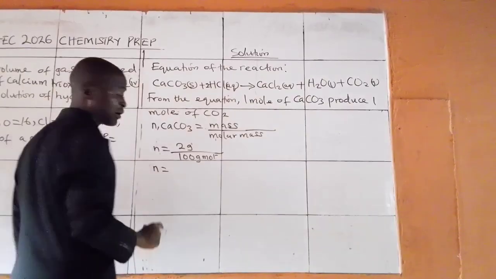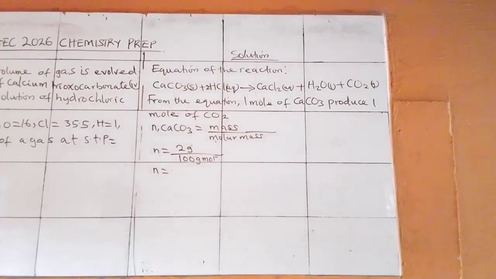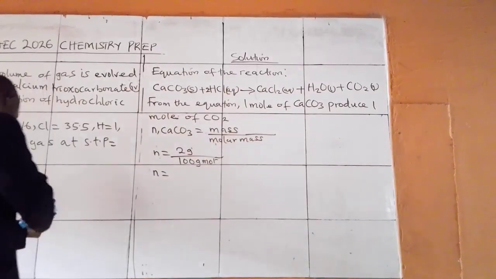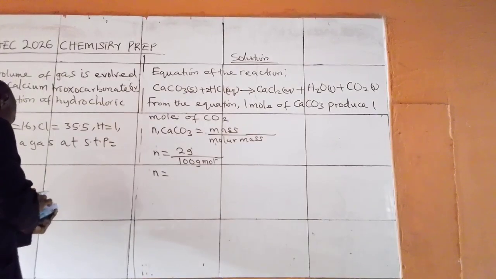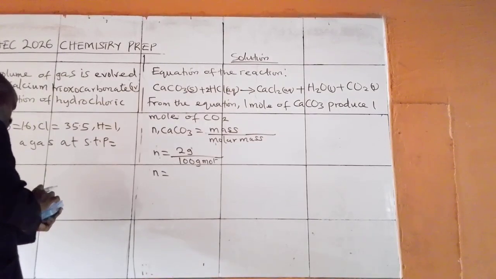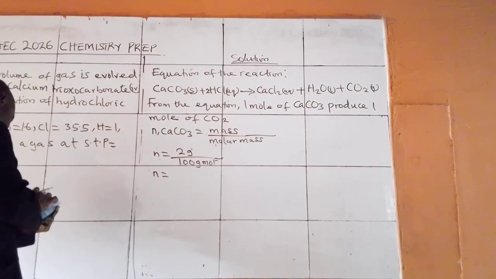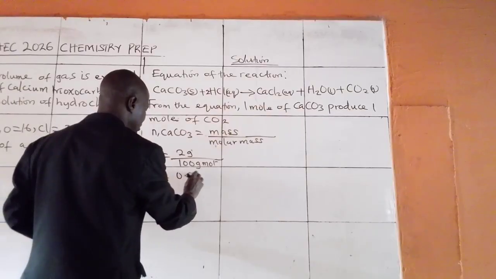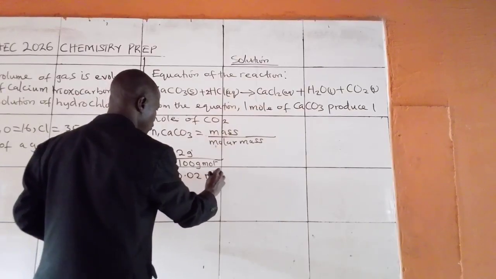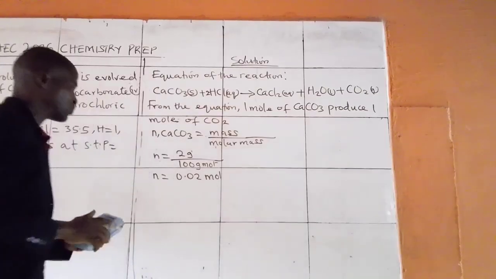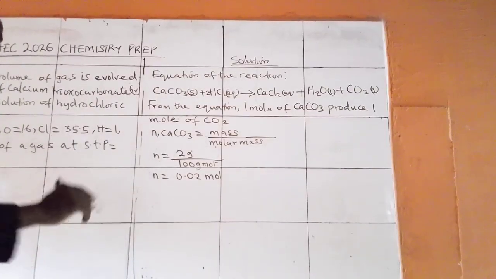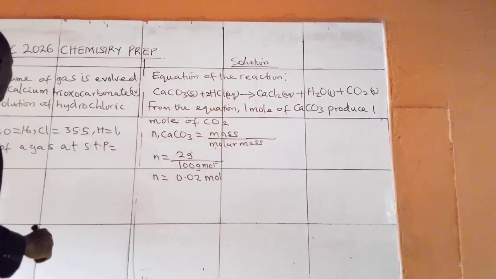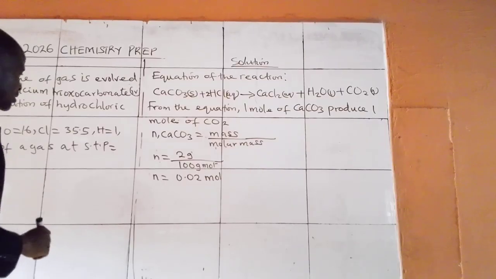Therefore, using our calculator, n is equal to 2 divided by 100. We have 0.02 mole.